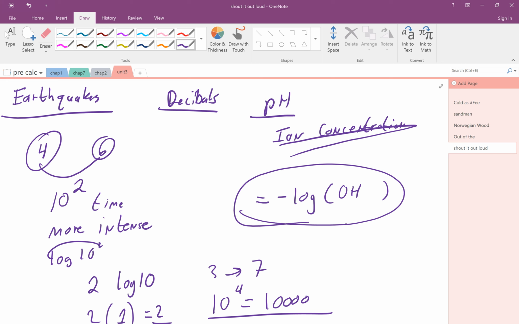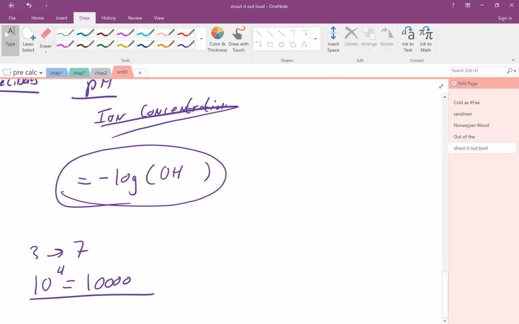Yeah, it's on page 325, and it talks about the hydrogen ion concentration of vinegar versus baking soda. So this is example 6 on 325.